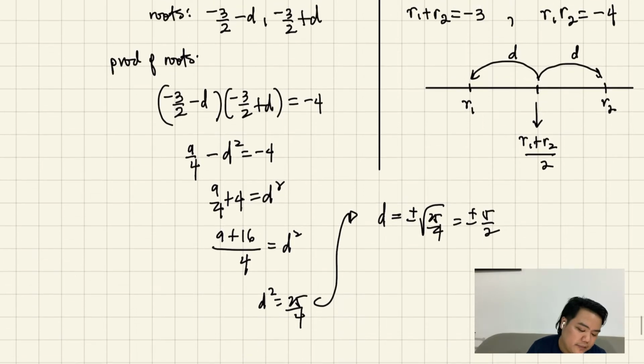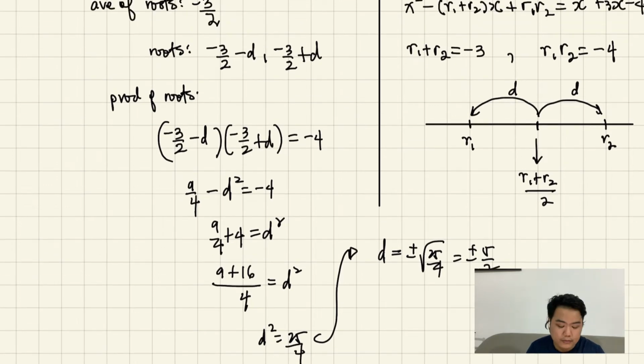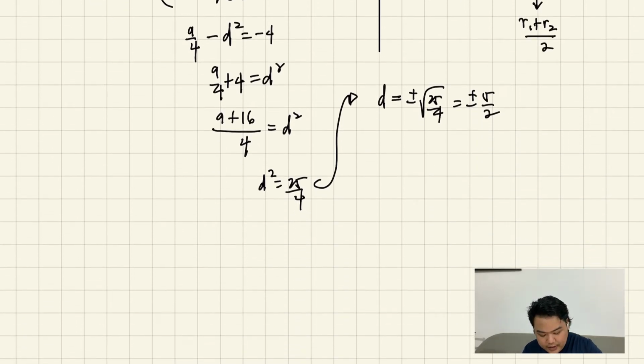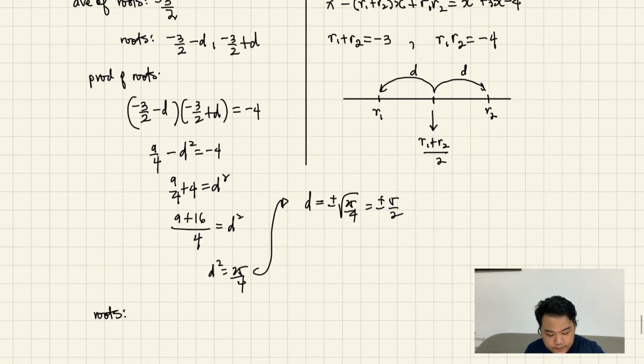It doesn't matter naman kung positive or negative yung pipiliin mo. But for simplicity reasons, pwede natin kunin yung positive na lang. So, yung roots na hinahanap natin are negative 3/2 minus D, negative 3/2 plus D. So, take na lang natin yung D equal to 5/2.